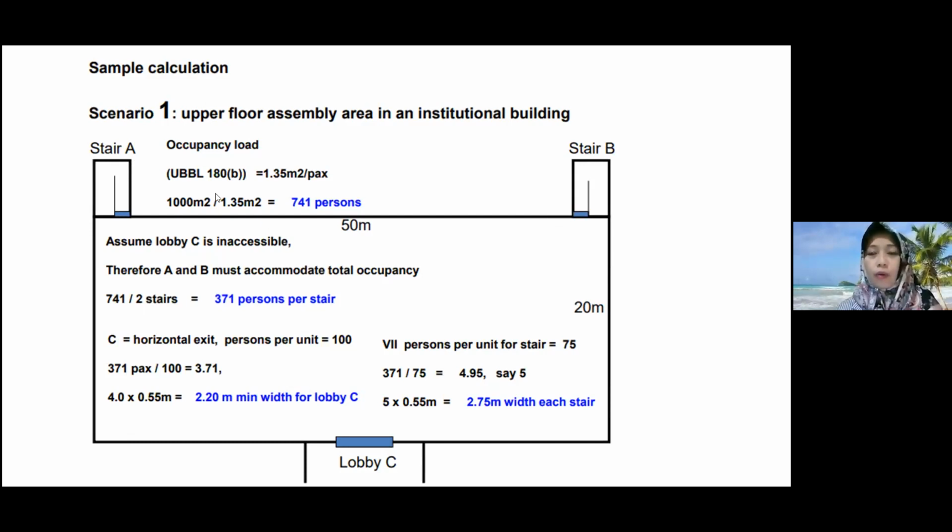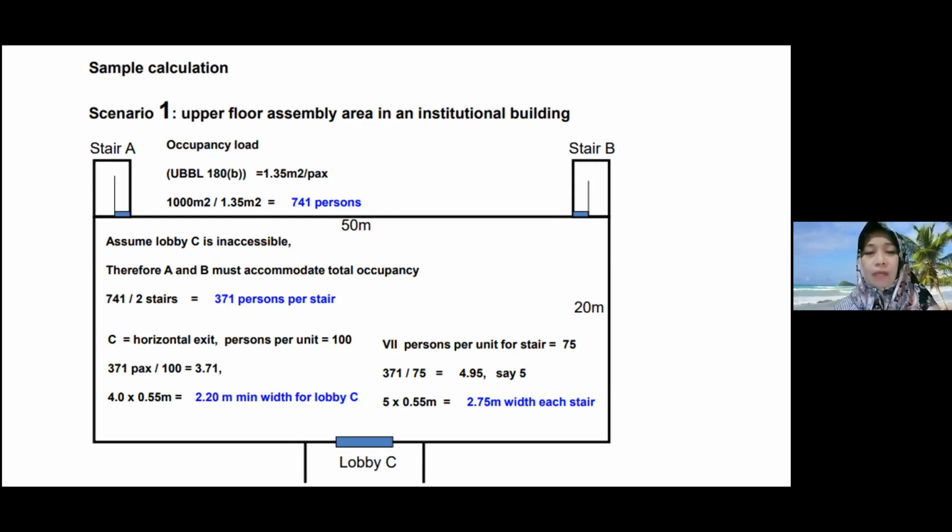So we understand that per person is about 1.35 meter square per pax. You can refer to UBBL 180B. This is an institutional building. Examples: there are a lot of buildings here, institutional, commercial, residential, hospital, for public.